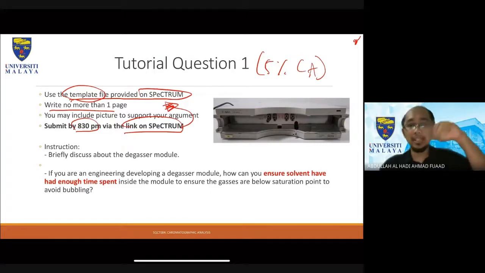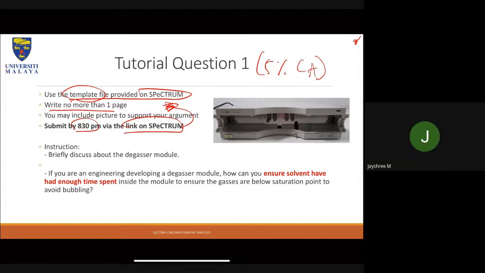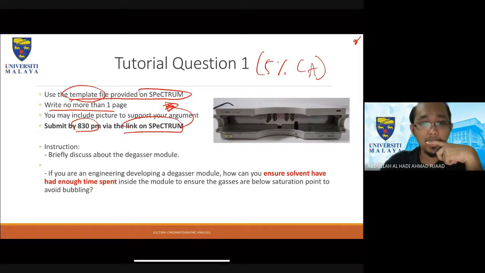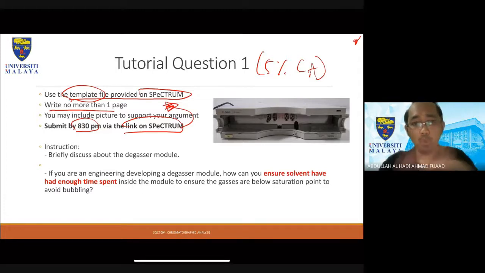To open the template or to open the form? To open the form itself. Okay, let me check here. I think this is because I have not opened it for submission. I'm accepting responses. Oh, it's just because you are not using your university mail, but I've already turned that off. So you should be able to refresh and reopen the file and download it. If you can't, let me know.